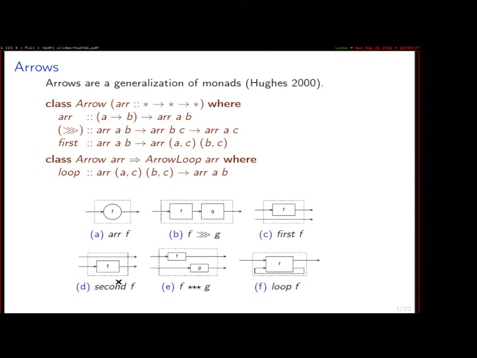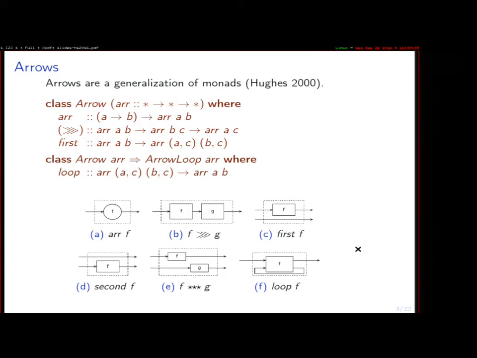Symmetrically, second f can be defined in terms of first f, and if we sequentially compose first f and second f, we have parallel composition. Notice the parallel composition can be done one way or another. If we switch f and g, it may result in different arrows because arrows can have effects, side effects. So this order is important in the general arrow setting.